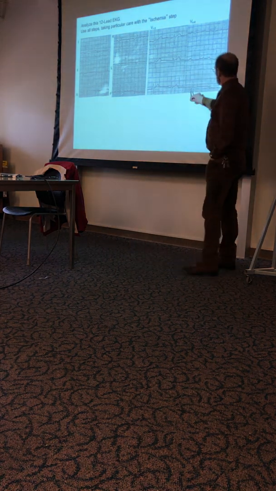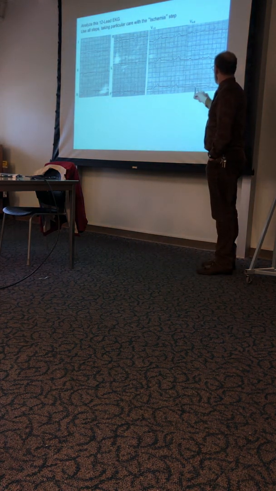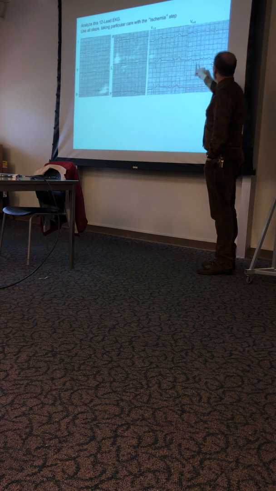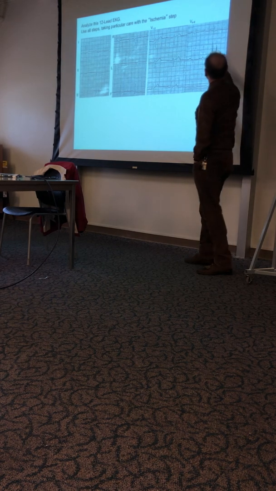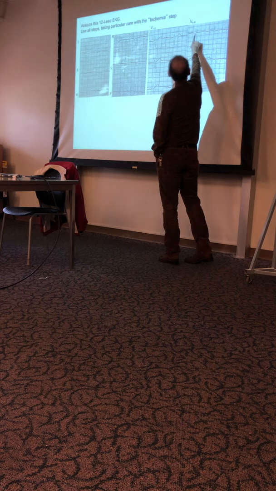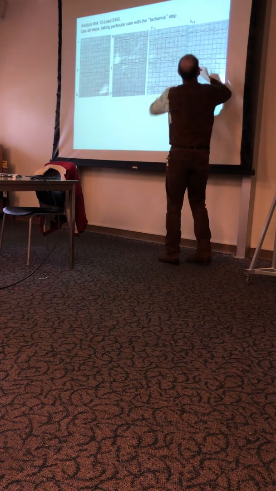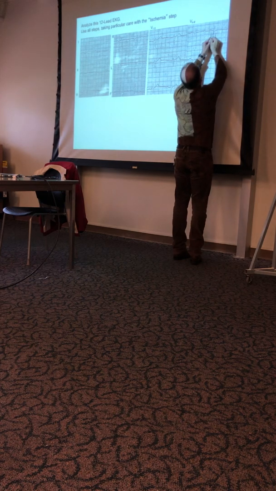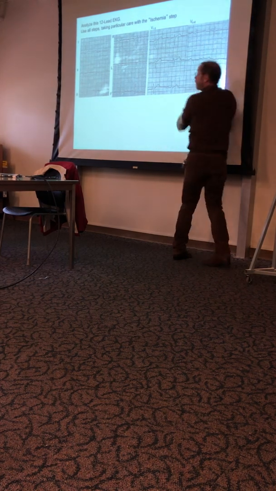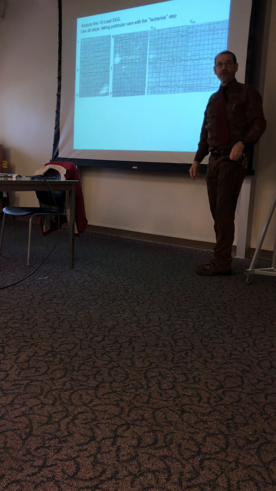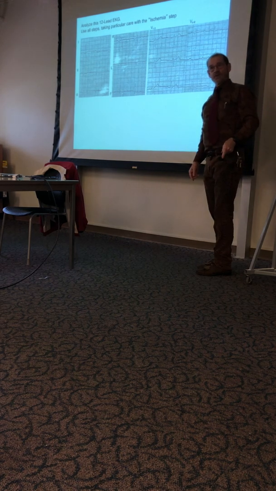You see that? And there? And that? And there? And look at aVF. That ain't right. You see that? How much light there is there? And if you measure that, that's almost a little box wide. There are Q waves in this thing. Are you with me so far?